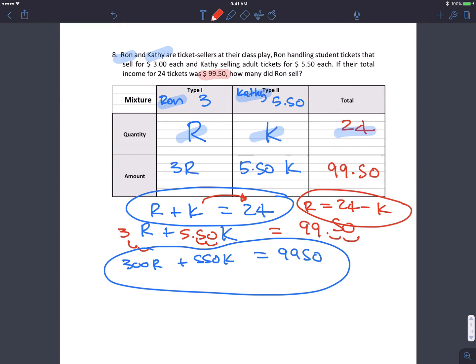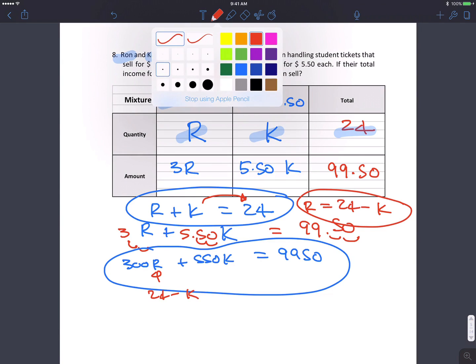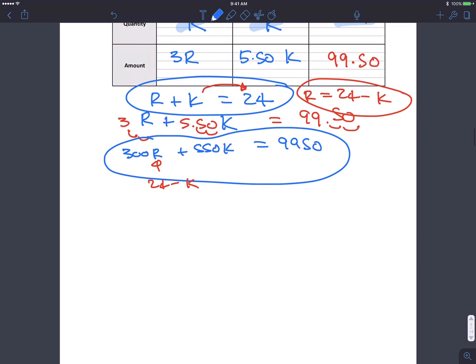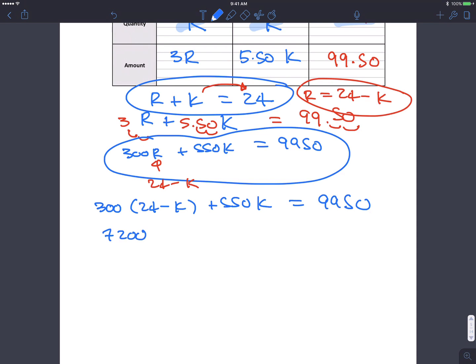Okay, substitute 24 minus K here. So this equation is now 300 times 24 minus K plus 550K will be 9950. Use the distributive property. 300 times 24 is 7200 minus 300K plus 550K is 9950.